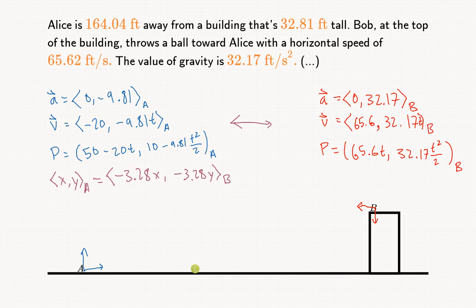So 3.28 is meters to feet, and then the negatives are just because the directions of the axes are different. But to convert a point, the formulas will be -3.28(x - 50) and -3.28(y - 10).